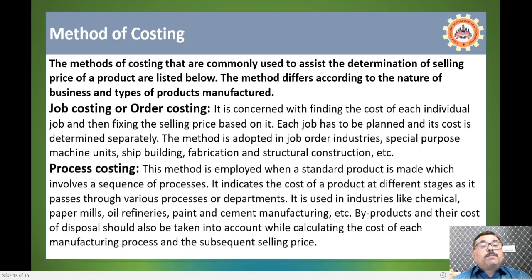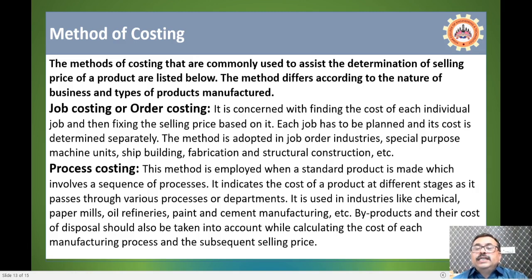The next one is process costing. This method is employed when a standard product is made which involves a sequence of processes. That means a standard product is being manufactured with a set of sequence of processes that you have to do. It includes the cost of product at different stages as it passes through the various processes or departments.